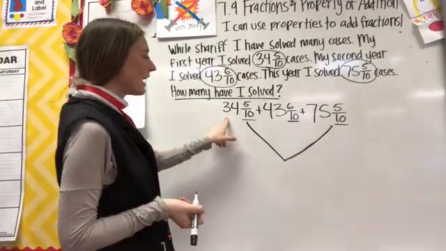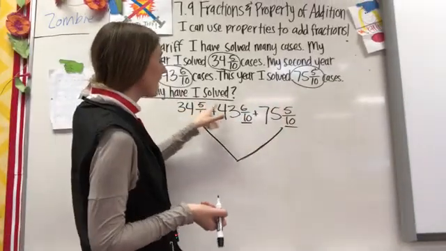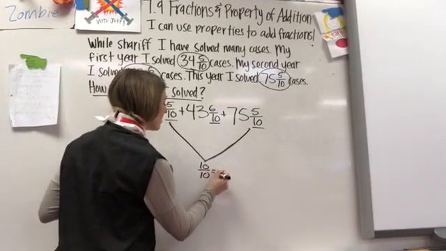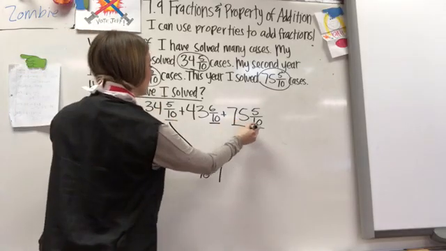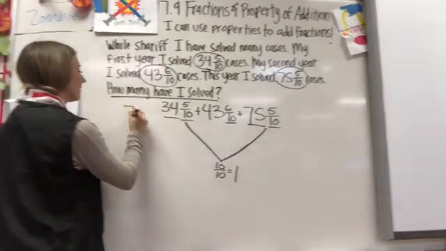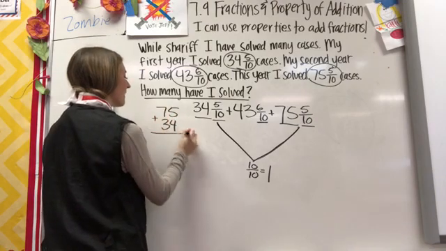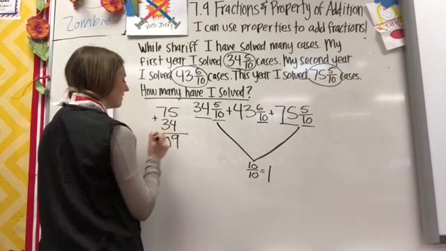So let's just look at the fractions. 5 plus 5 is 10/10, which is the same thing as 1, okay? Now let's add those whole numbers. We have 75 and 34. So we could do that over here, 75 plus 34. 5 plus 4 is 9. 7 plus 3 is 10.